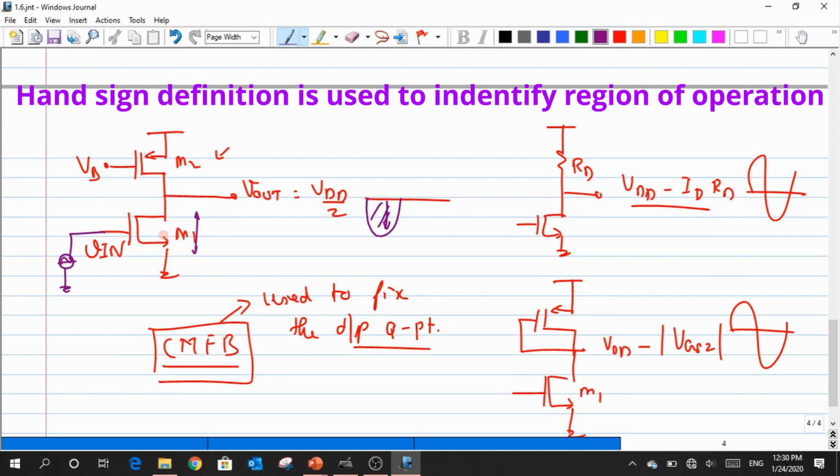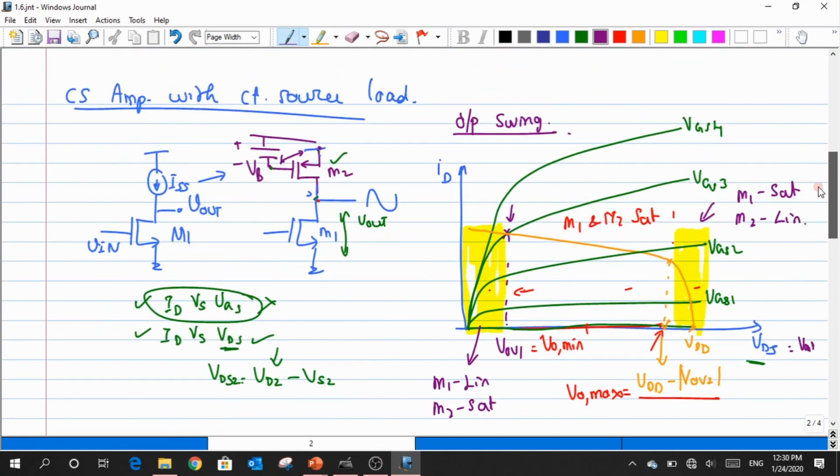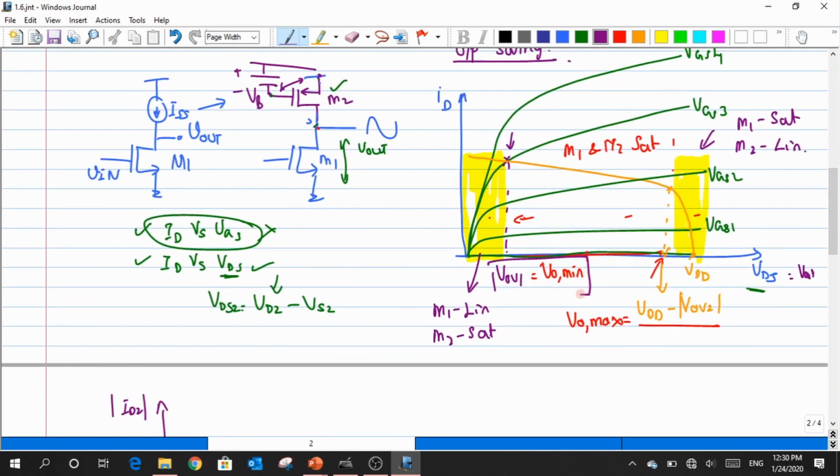Yes. What happens after this? I'm getting into linear. So what is the minimum value that I can have across this VDS? It has to be VOV1, right? So the minimum value that I can have is equal to VOV1, and that is what we read at the beginning. In the graph that I've shown before, the VO minimum is nothing but equal to my VOV1.